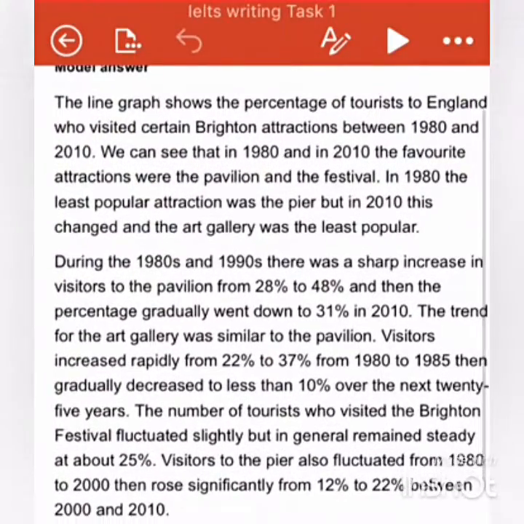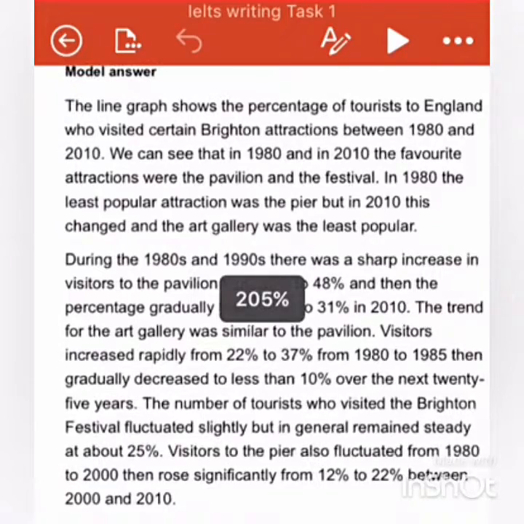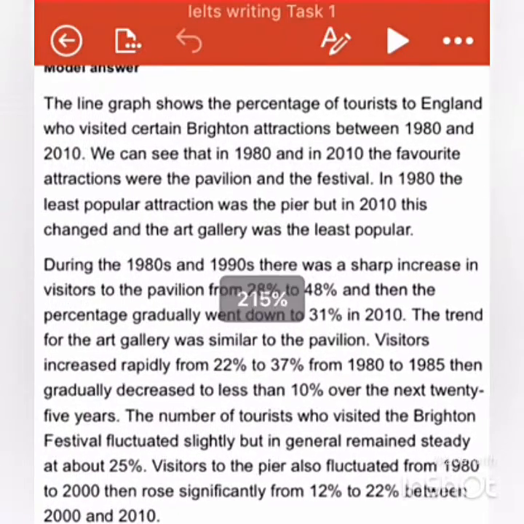Now if we read this sample, we would see after the introduction it says, we can see that in 1980 and in 2010 the favorite attractions were the pavilion and the festivals. In 1980 the least popular attraction was the pier, but in 2010 this changed and the art gallery was the least popular.